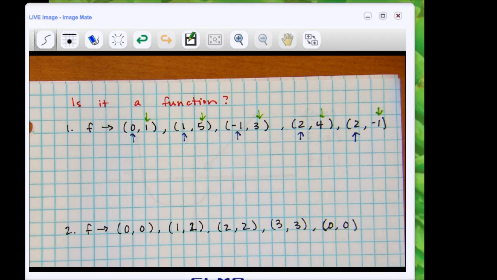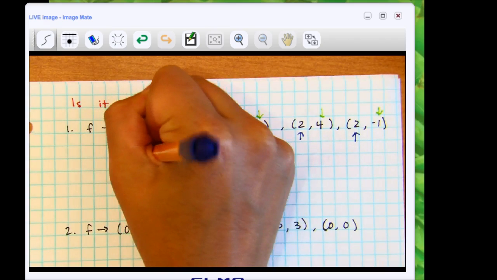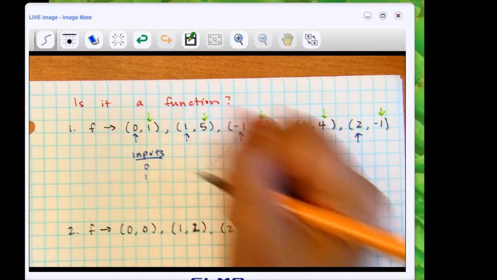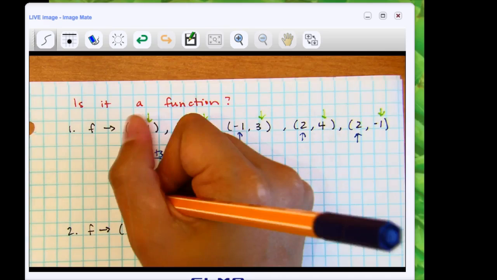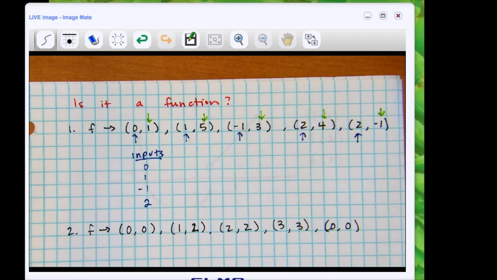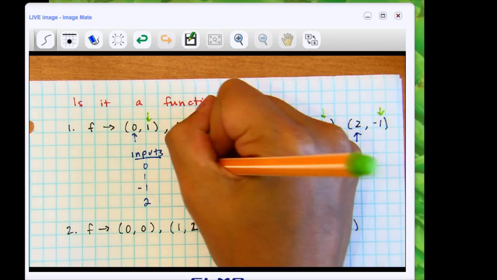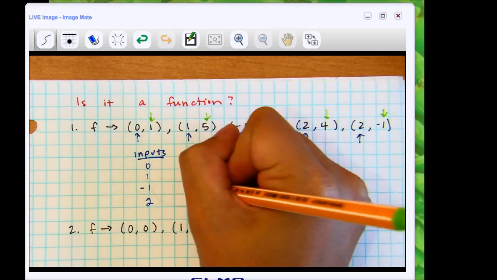So if I started, one way to just think of this in a kind of slowed down perspective, if I started by listing my inputs, well, I have 0, 1, -1, and 2 in 2 different points. If I listed my outputs, for 0, my output is 1. For 1, my output is 5, then 3.